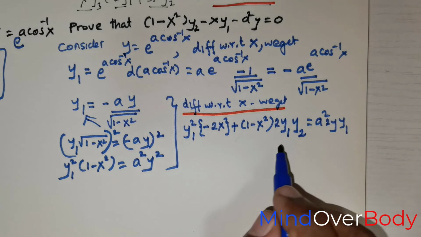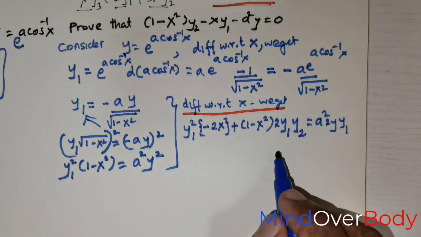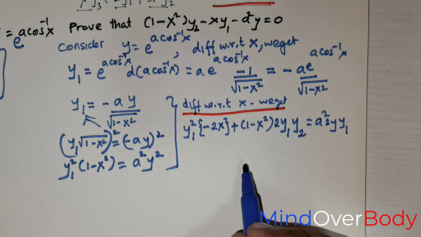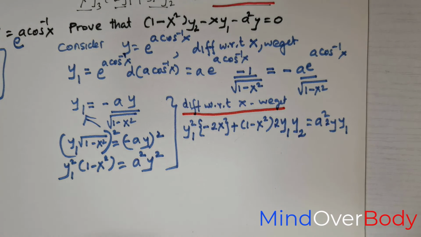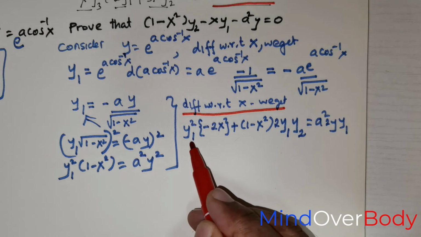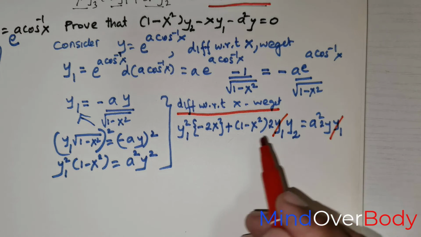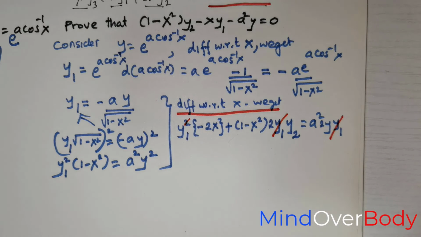So we got quite a sum here. Now the main thing is we will have to make the proof here. So that is critical. Now before we could make the proof here, we need to make an observation. Say y1, y1, y1, it can be cancelled. So what are we left with?